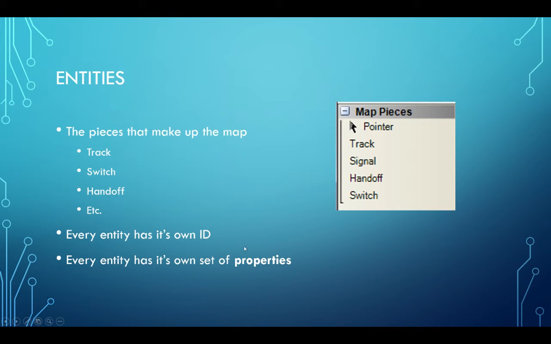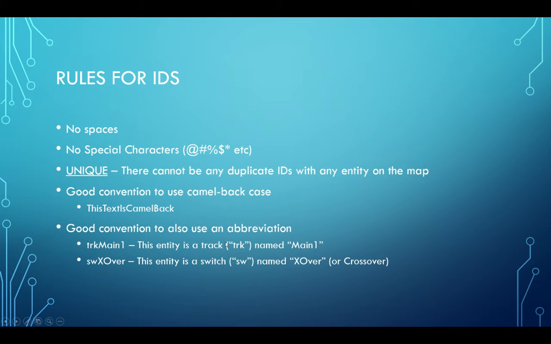But the first thing we're going to go through is the ID and rules for creating IDs. So the first rule is no spaces. You should never ever have spaces in your IDs. It's just a convention, and the system doesn't like it. Second thing, no special characters. You should not have @ sign, pound sign, percent sign, dollar sign, asterisk, anything.